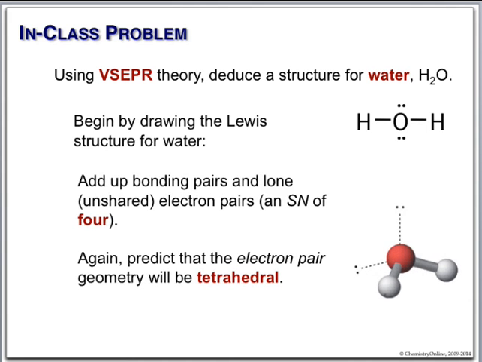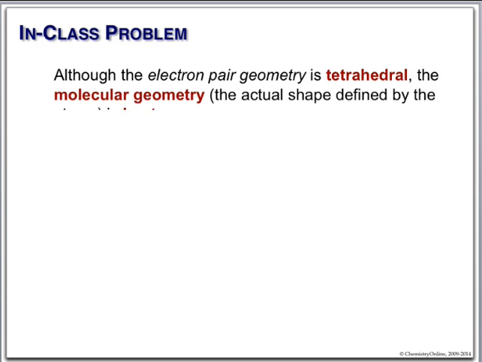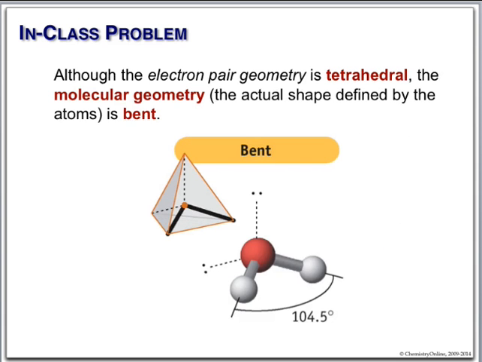We don't see these guys, they're just electrons. And if you look at the atoms in water, they look like they are bent. Goes up and down, but it's actually the corners and the middle of our tetrahedron. There are 3 varieties of tetrahedral geometry depending upon your electron pairs.